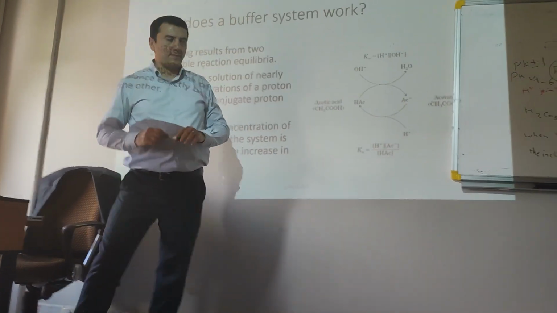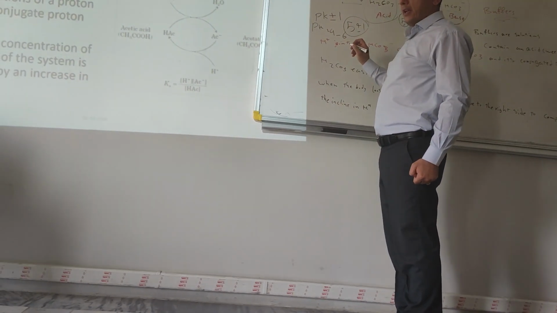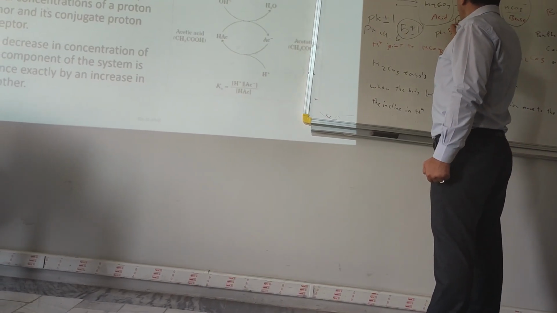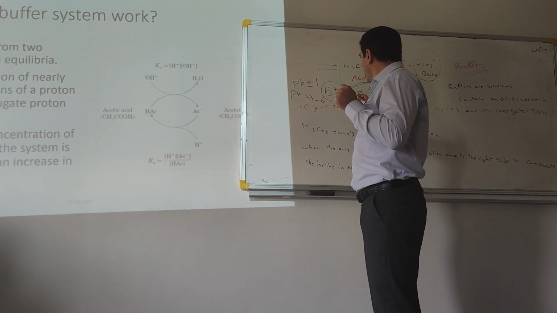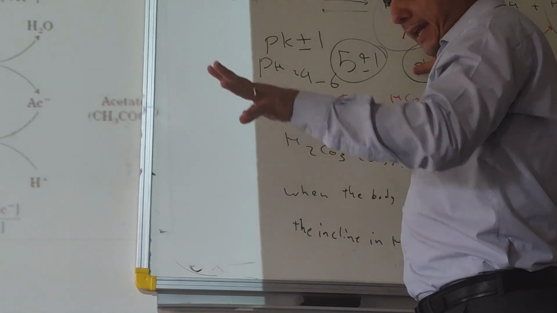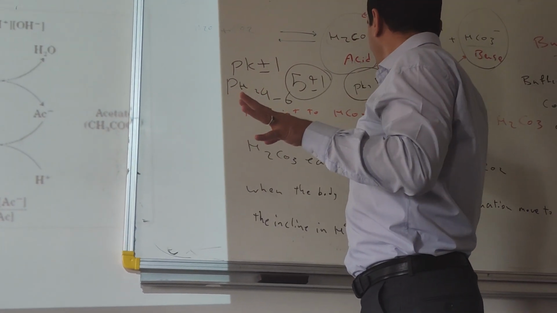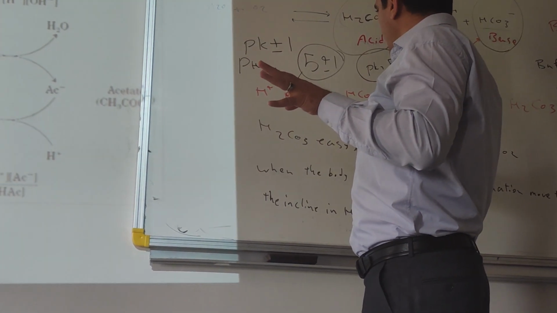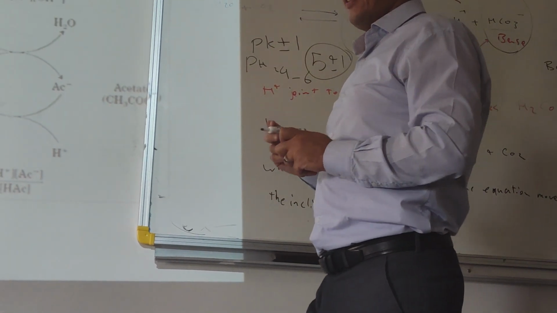This equation shows you a unit of pK. For example, if pK is about 5, you should expect that the buffering region for this molecule should be 5 minus 1 to 5 plus 1, which means 4 to 6. So this is a range.